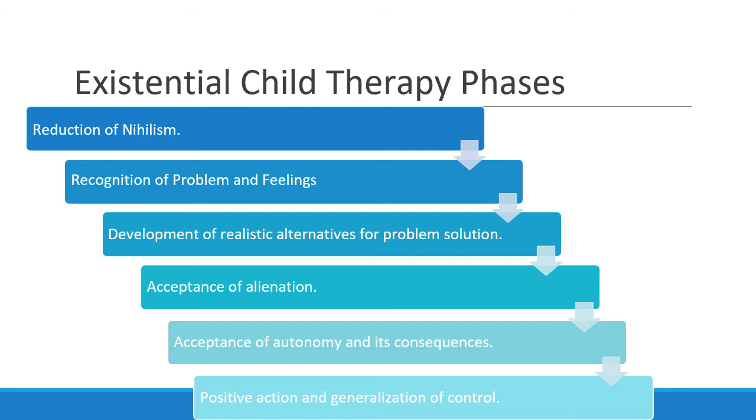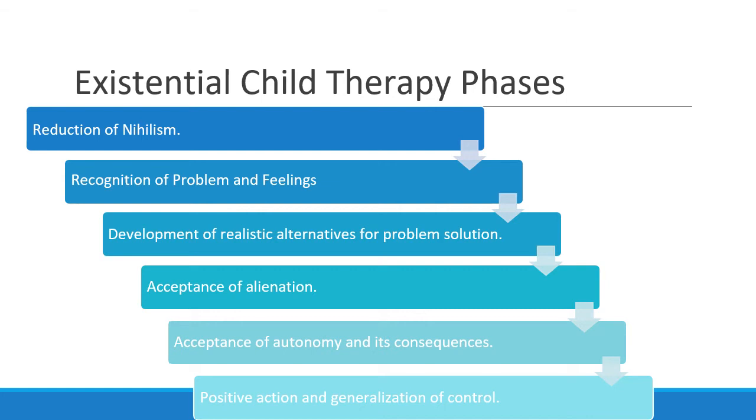All right, then the second phase is recognition of problem and feelings. Within that supportive therapy environment, the child begins to acknowledge the problem and the feelings associated with it. So we're working on awareness in this stage. The therapist is continually accepting and empathic and now guides the child toward recognition of his or her ability to change the situation. As a result, the child begins to perceive his or her role in and responsibility for the problem situation.